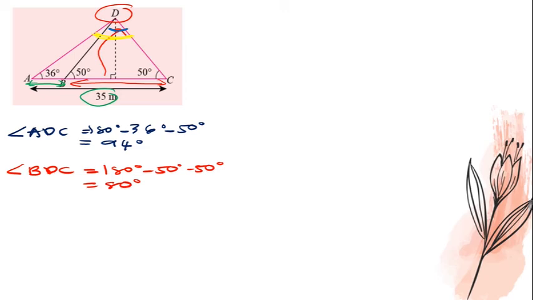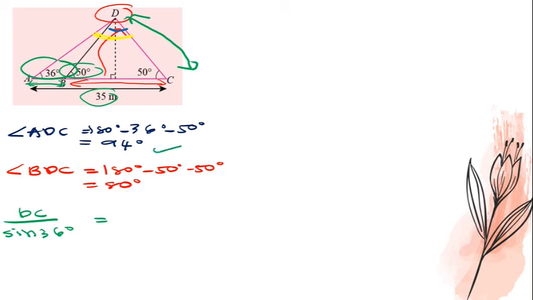Now we can find the lengths. Let's find the length of DC first. The angle given is 36, and we also have another angle which is 50. We want to use the big triangle first to find DC. So DC over sine 36 degrees is equal to 35 over sine 94, the angle ADC.